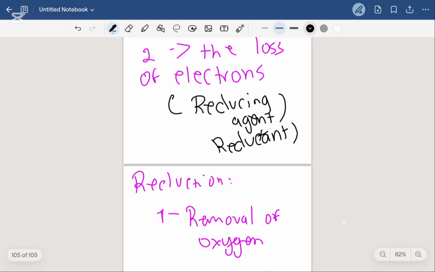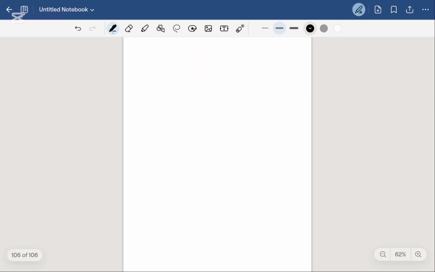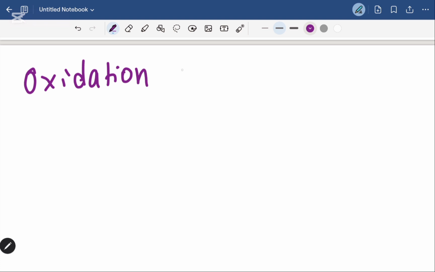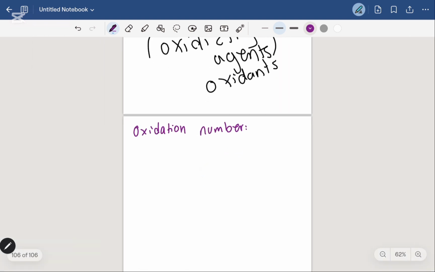Okay? Now that we are talking about oxidation, we are going to introduce something new. It is the oxidation number. I'm just going to write a quick definition. I'm going to say the definition, then I am going to write it.